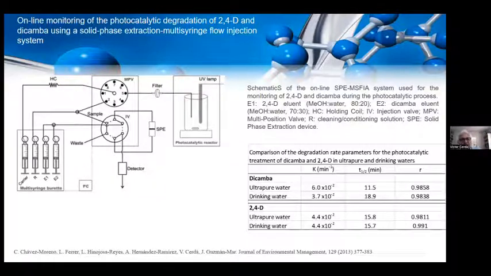This does not affect the big quantity of the solution contained in the beaker. Then we have here calculated the change of the degradation of dicamba and 2,4-D in ultra pure water and in drink waters.